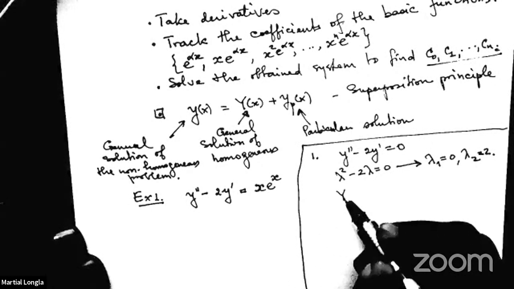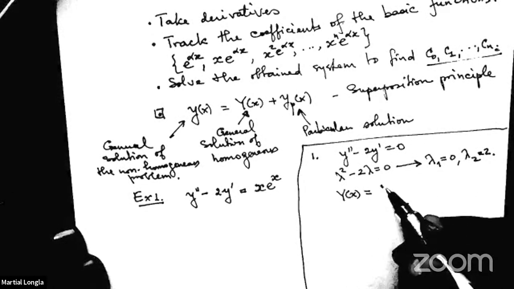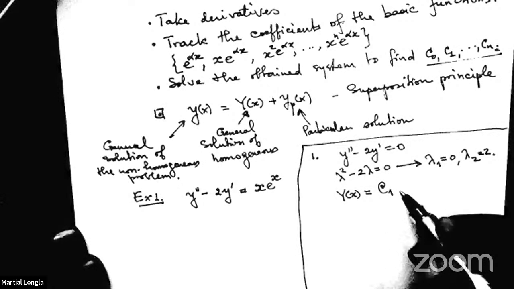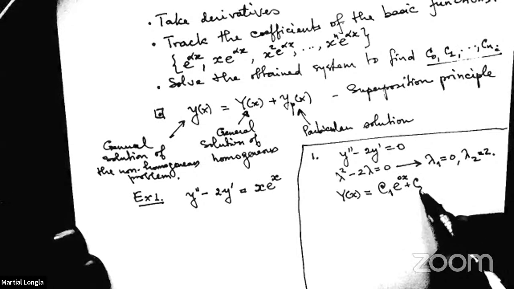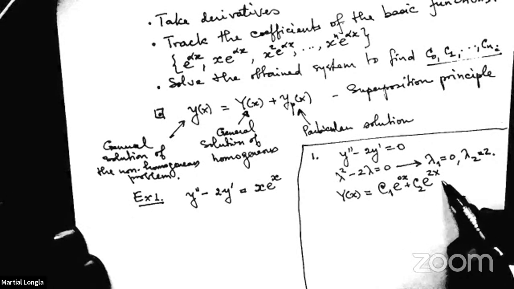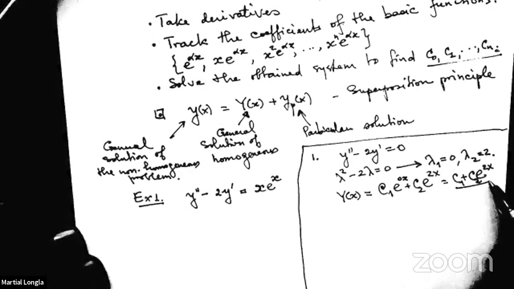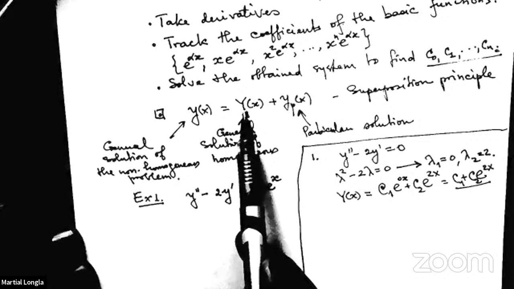And so the solution of the homogeneous problem is C1 e to the 0x plus C2 e to the 2x, which is C1 plus C2 e to the 2x. So this is the solution of the homogeneous problem, which is this part of the answer.